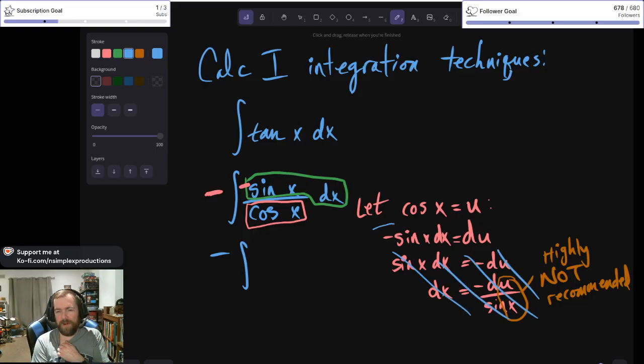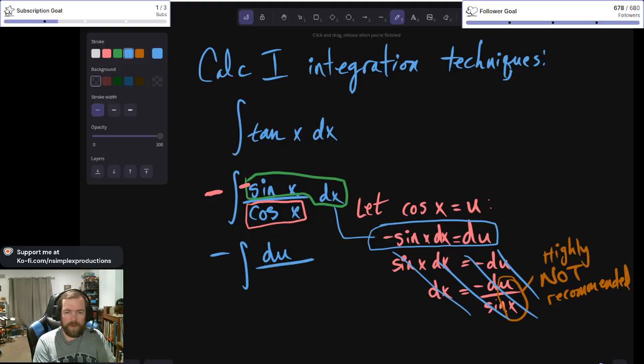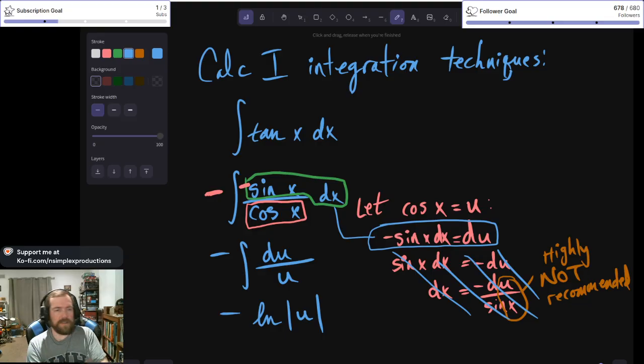So what we've got now is this top part is going to become du over, and the bottom part is going to become u. Hey, that looks familiar. Right? This one is going to be a natural log absolute value of u. Now, you do need the absolute value in this case.